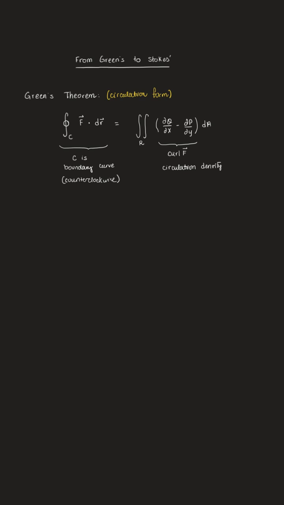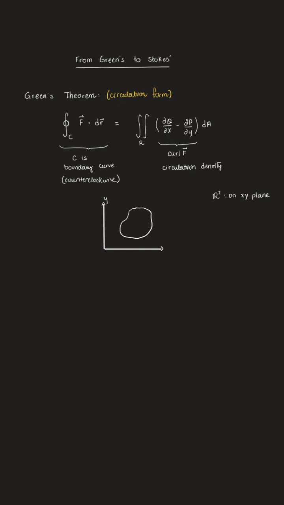So all of this takes place in R2, right? This is in R2, on the XY plane. So we find that, if our curve is on the XY plane, we have some region that the curve encloses.